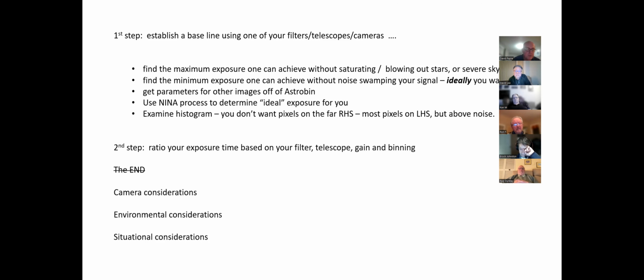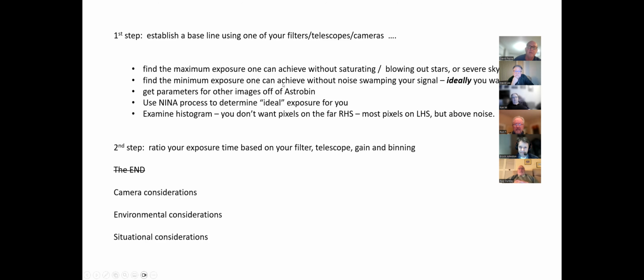There are some things to help you. If you're running off a PC and using NINA, you can start your session, take a couple of exposures, and it will do a good job of telling you what exposure you should be using. Okay, how does that work? Do you submit it to Astrobin, or what happens? Sorry, did I say Astrobin?